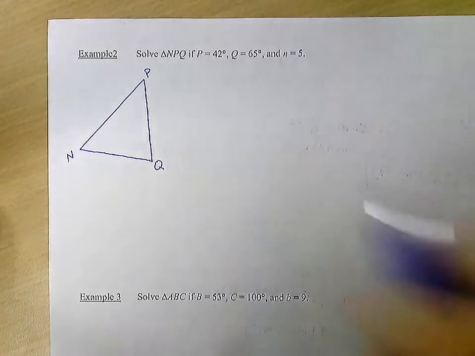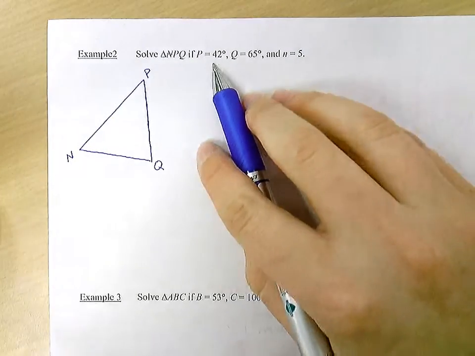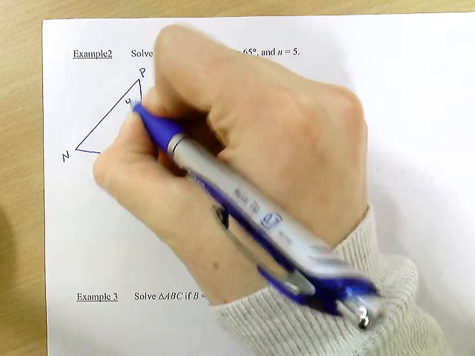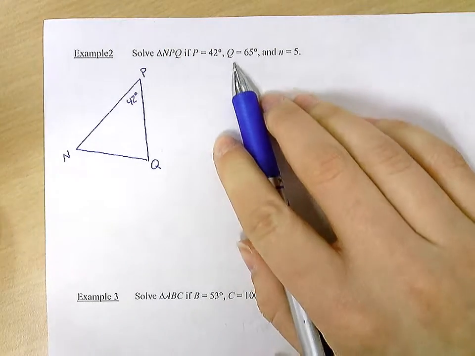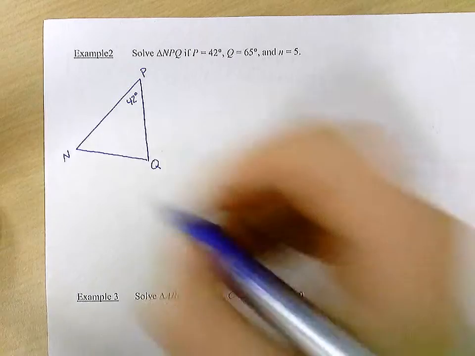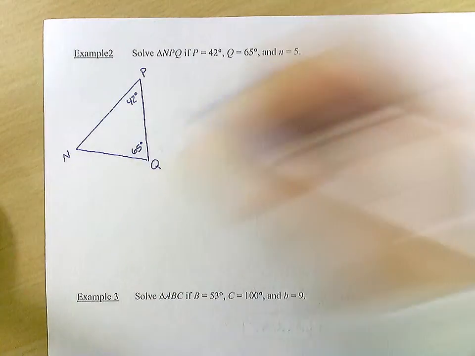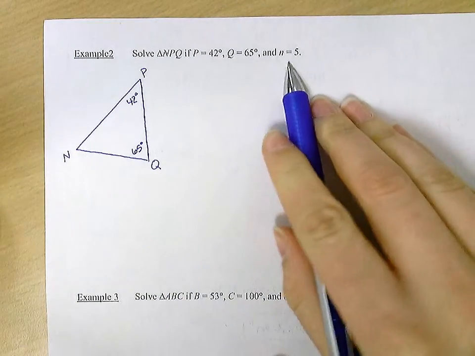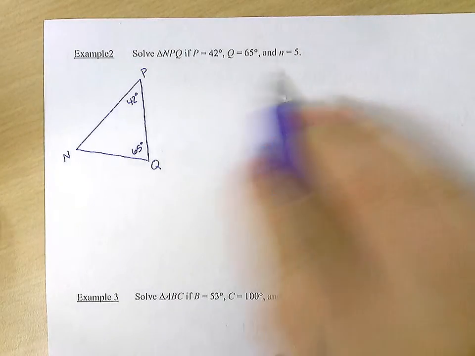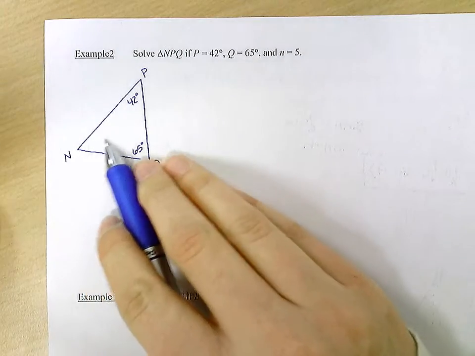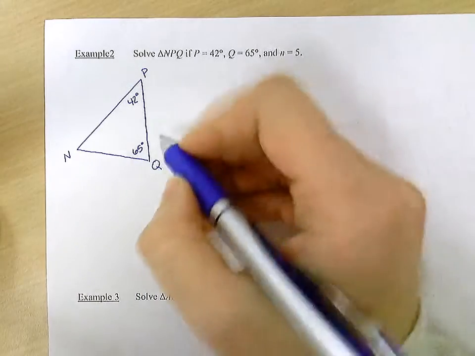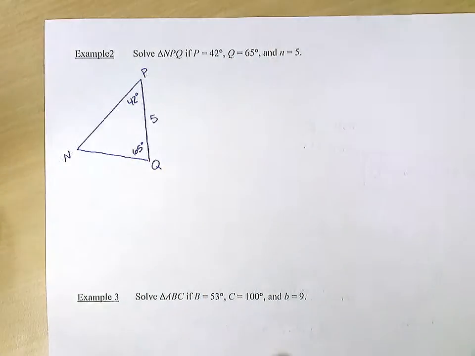Now I'm given that angle P is 42 degrees, so I'm going to label that angle as 42 degrees. Angle Q is 65 degrees. And lowercase n here is 5. Which side is lowercase n? Lowercase n has to be opposite that angle N. So this side would have to be 5.